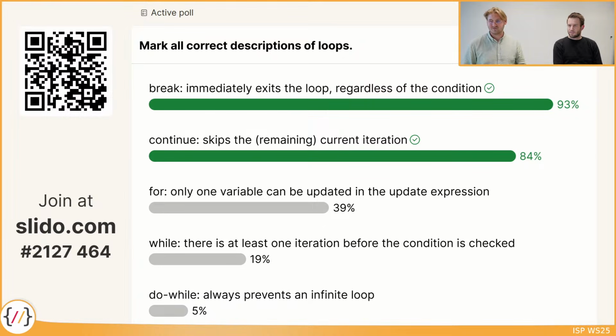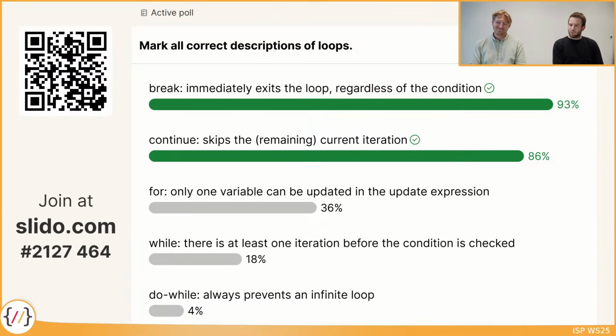Let's see. The next one is for the for loop: only one variable can be updated in the update expression. This is kind of tricky because I think we didn't mention it so far, but we will go into detail about this. Then we have something about the while loop: there is at least one iteration before the condition is checked.